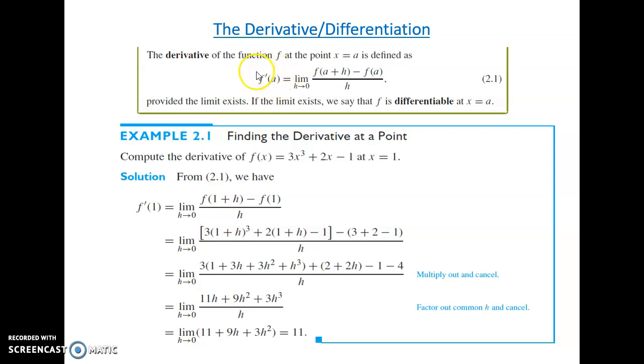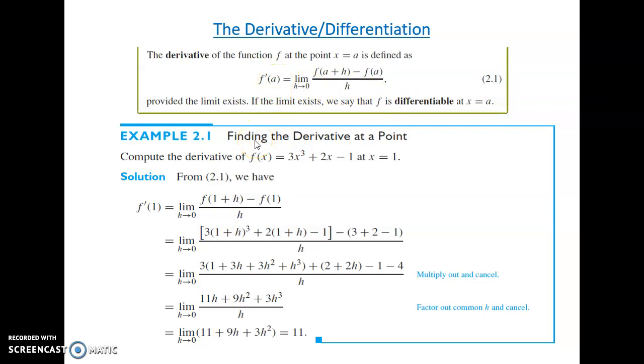Please read this as f prime a, not f dash. It is the limit, as we discussed in the earlier lecture, of the difference in y coordinate divided by the difference in x coordinate, as h tends to 0. If the limit exists, then we say that f is differentiable at x equals a.